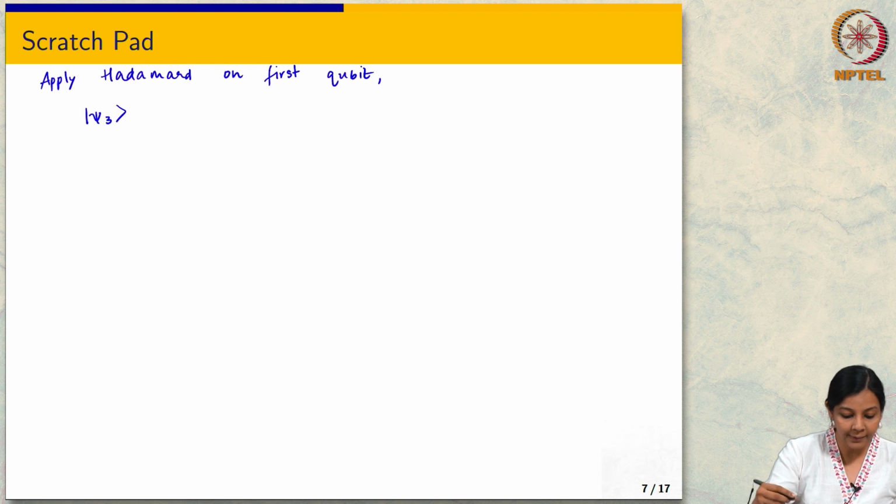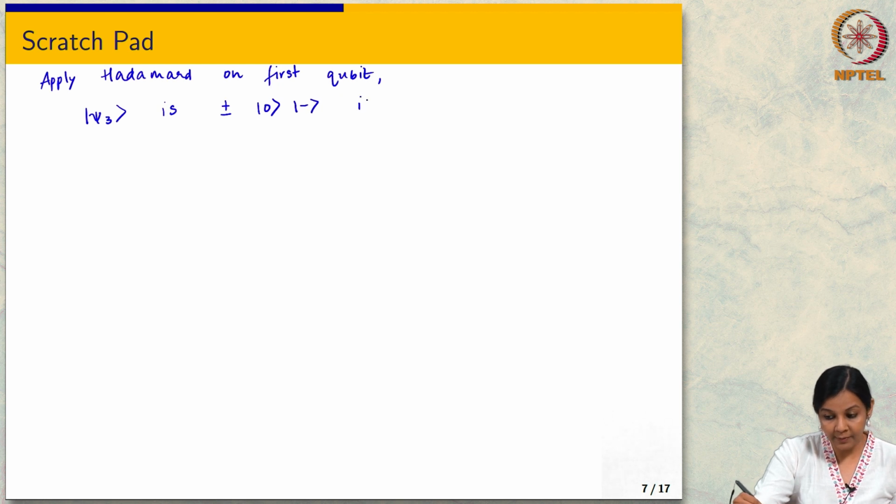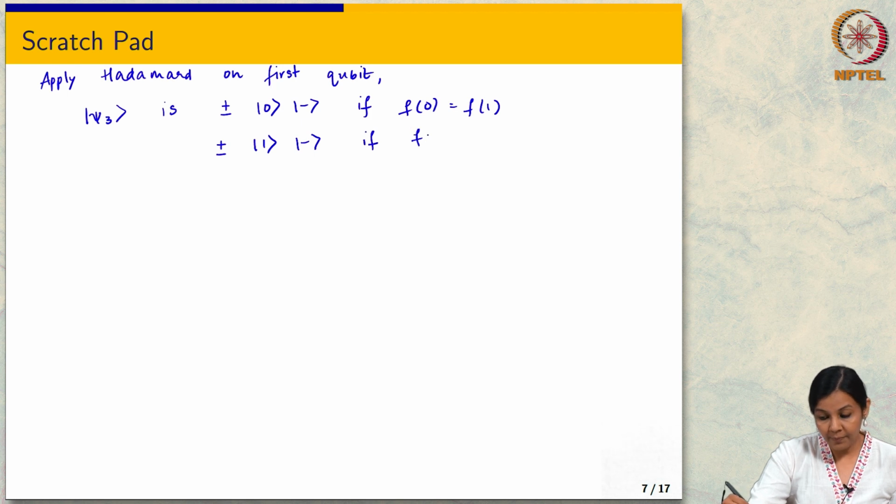So psi 3 is plus or minus |0⟩ minus if f(0) is equal to f(1), and plus or minus |1⟩ minus if f(0) is not equal to f(1).